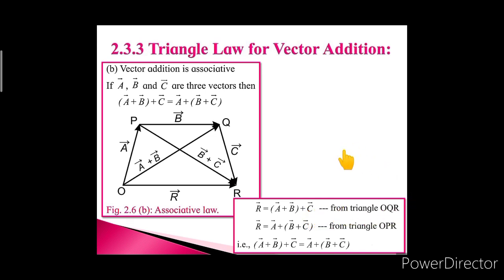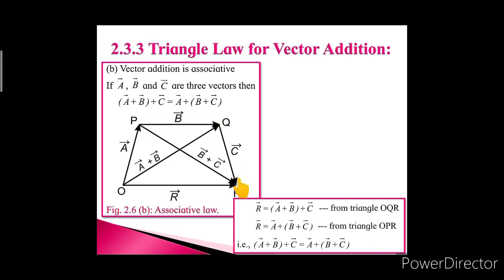Now another way of adding these three vectors is, if here we consider vector B and vector C. So vector B is to be added with vector C, and as per the triangle of vector addition, vector B has the side PQ, and vector C is the side of the triangle QR.